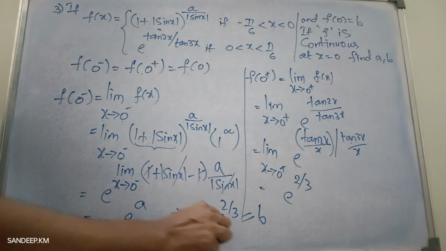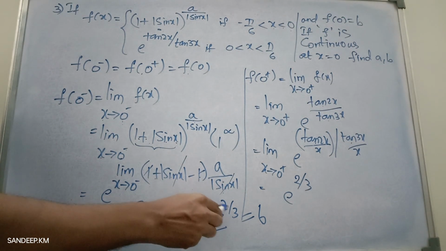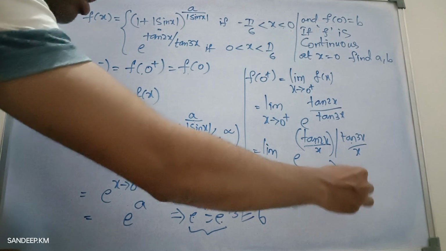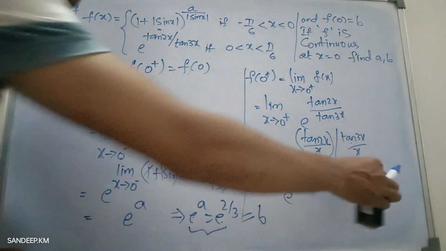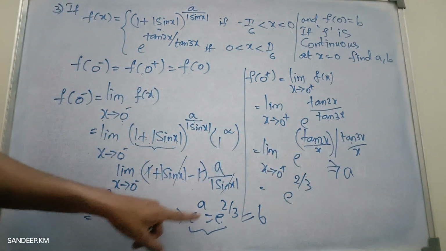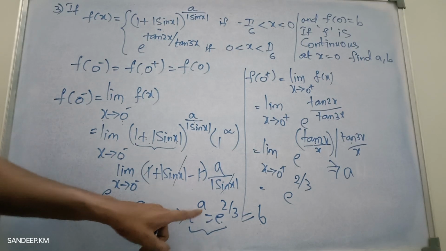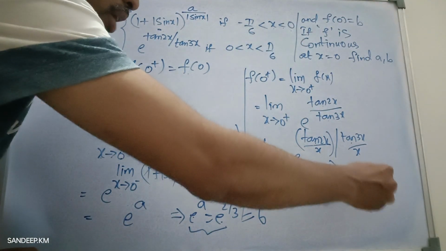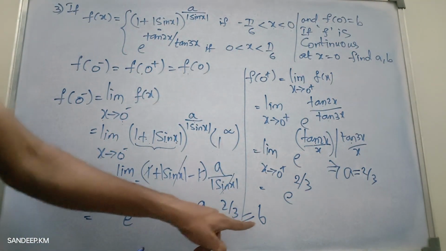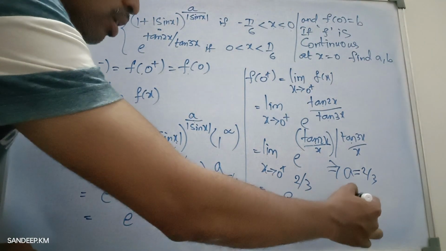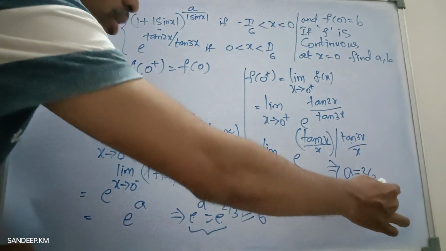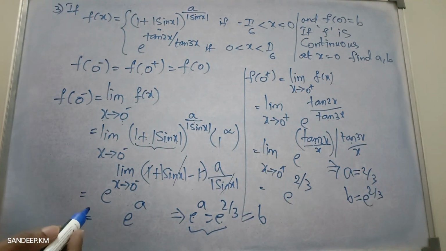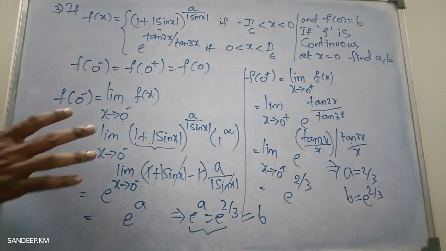So from these two, e power a is equal to e power 2 by 3, which means the power will be equal, therefore a is equal to 2 by 3 and b is equal to e power 2 by 3. So we have got the values of a comma b. I hope you understood this.